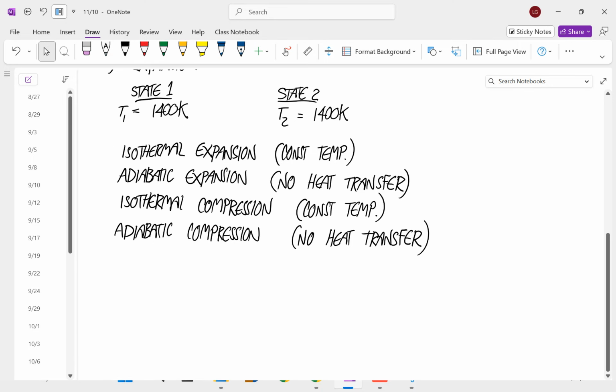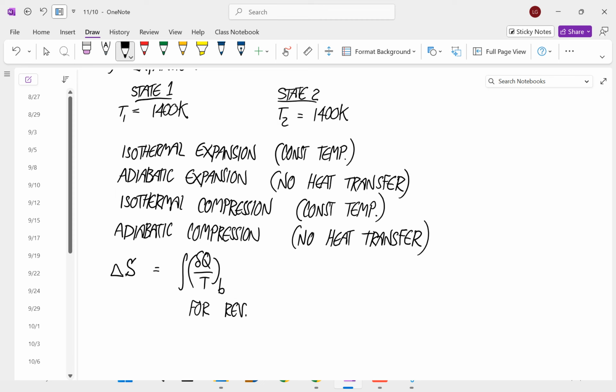Think about the definition of entropy. The change in entropy is the integral of all the heat transfers divided by T where they transfer all the way around the boundary for a reversible process.